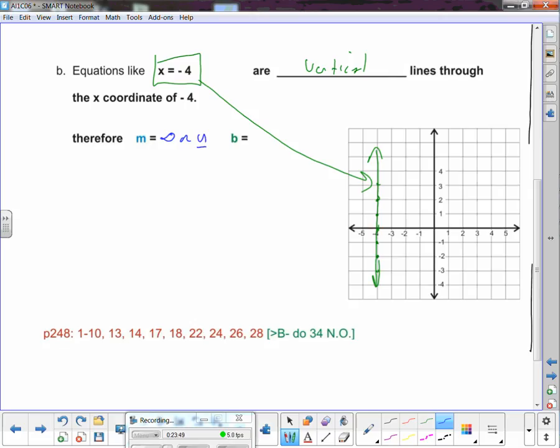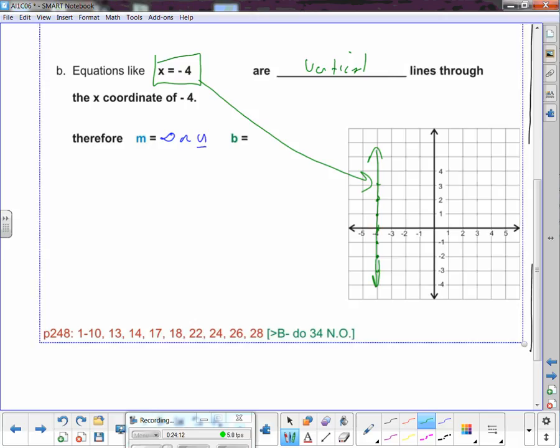And therefore, you got to look at your line again and say the y-intercept is, what is it? This thing crosses the y-axis at every single possible number? Okay, how about 1? It's not crossing at 1.